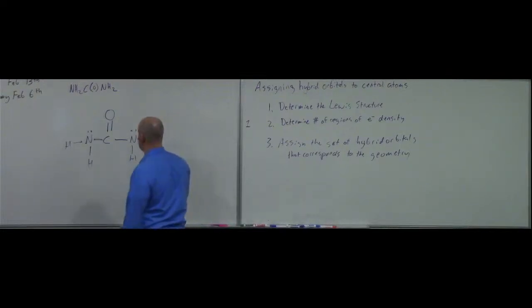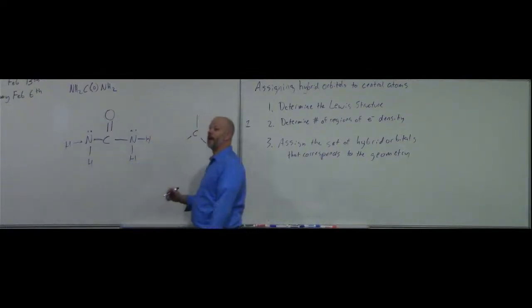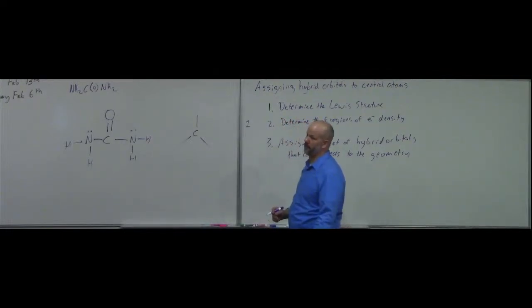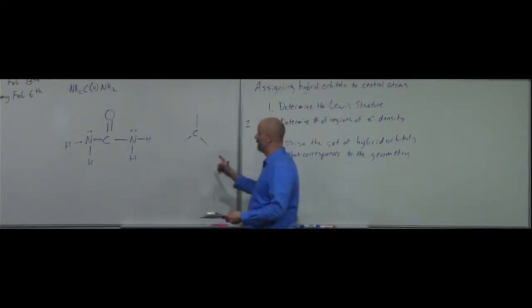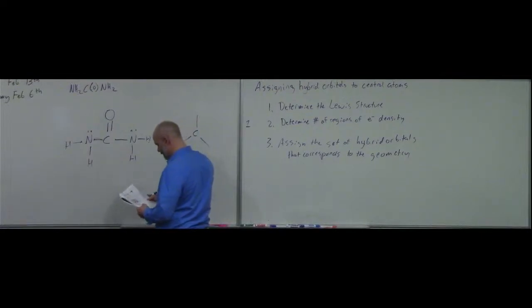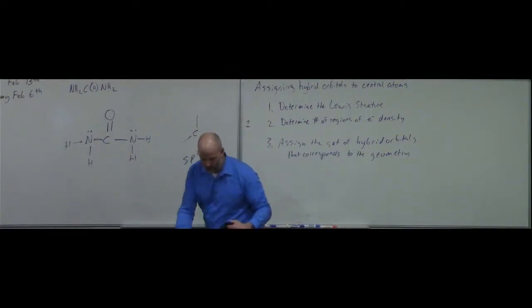Trigonal planar, right? And what hybridization gives me trigonal planar? I think it's sp2. Should be sp2, right? It's going to account for this. So we'll just double check, and it likes sp2. Easy. Okay, let's do one more, and then we'll look at some other things.